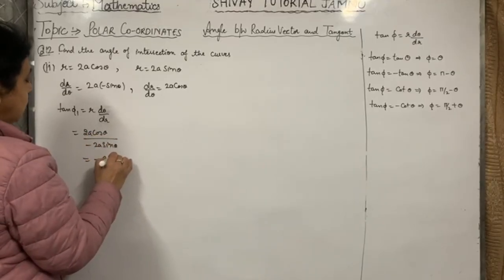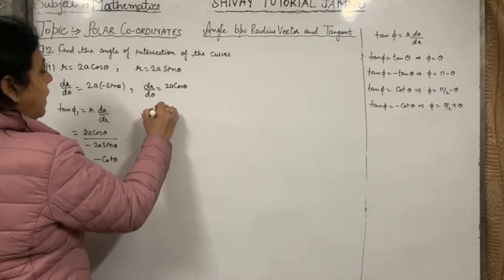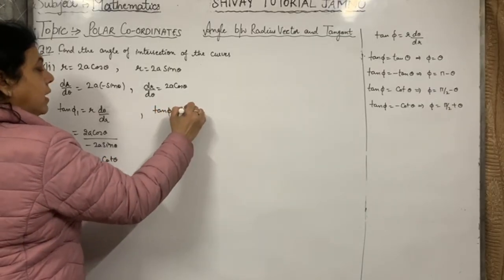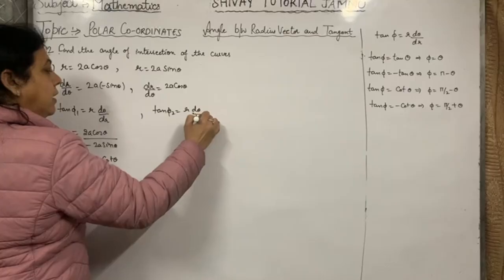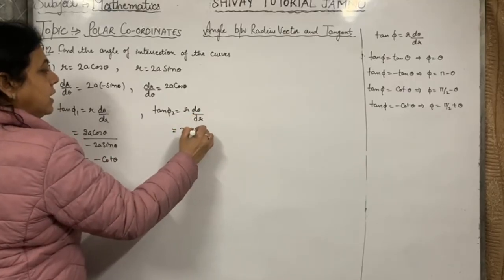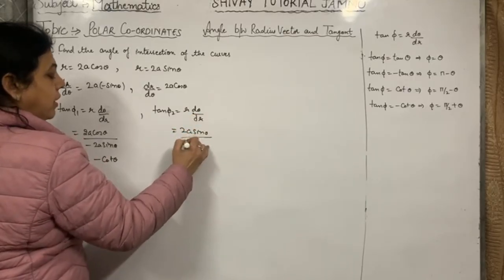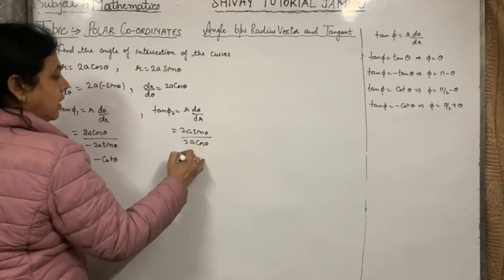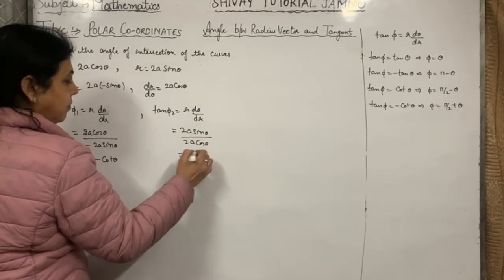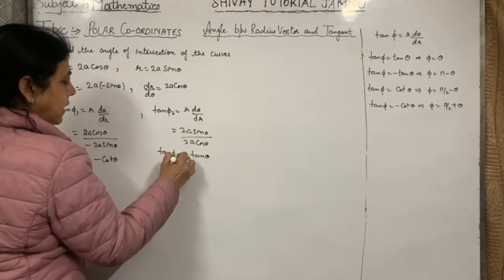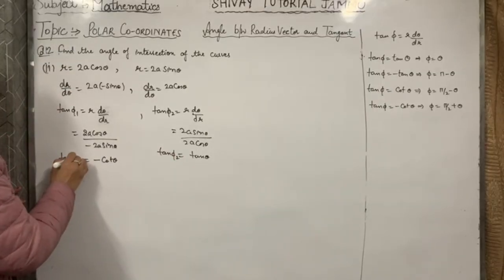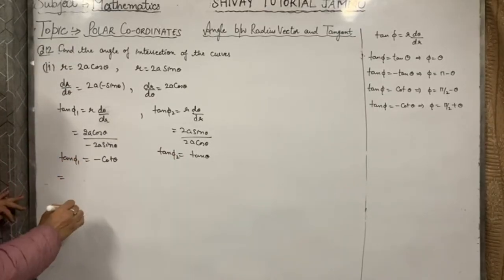This is -cot theta. And tan phi 2 is r d theta by dr, 2a sin theta upon 2a cos theta. This is tan theta. Tan phi 2 is tan theta and tan phi 1 is -cot theta.